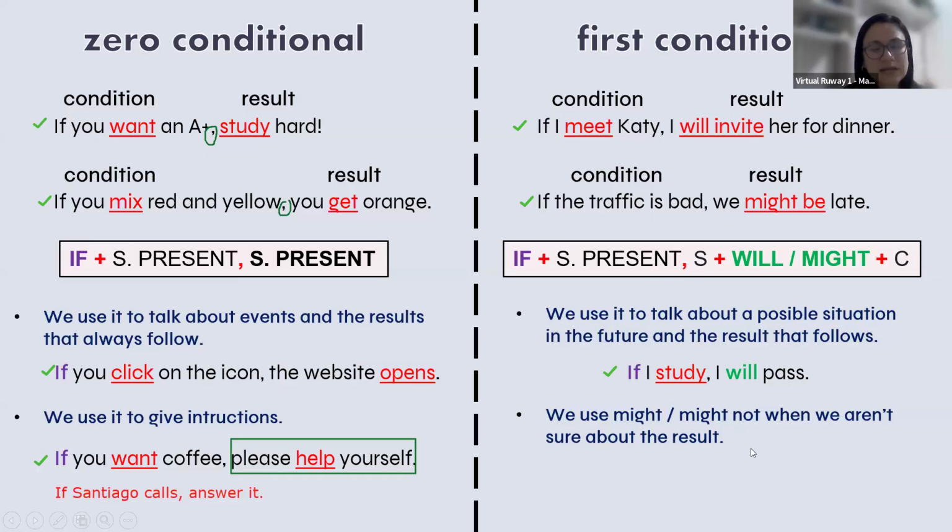Si no estoy segura del resultado, un 50-40% segura, utilizo might. If you run, you might fall. Si tú corres, podrías caerte. No estoy segura de ese resultado. Es una probabilidad baja de que suceda, right? Dependiendo todo el contexto. Si no estoy segura, puedo utilizar el might, right? Good.